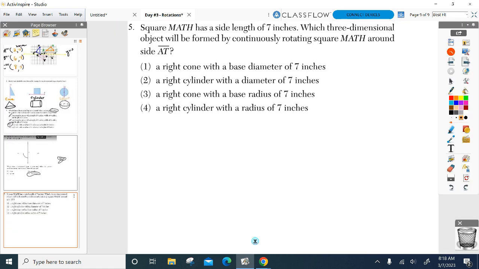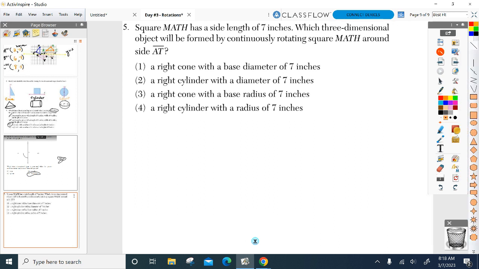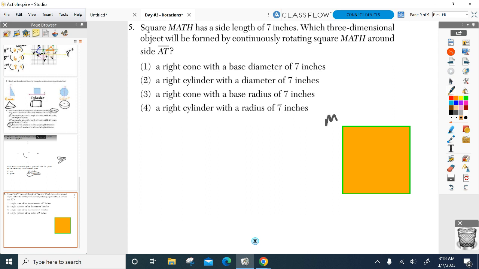All right, a square. We're going to rotate it around side AT. So I rotate it continuously around this side here. We know it's definitely not going to be a cone, right? Because that's a triangle. It's got lengths of 7.